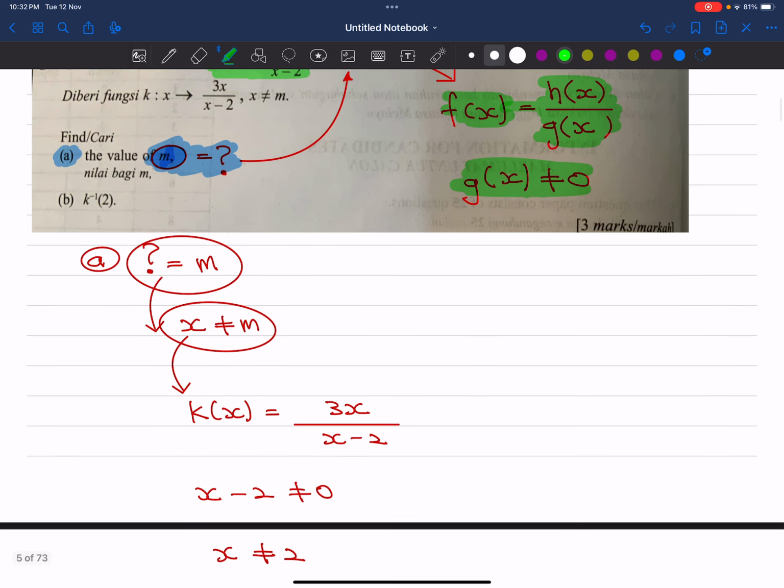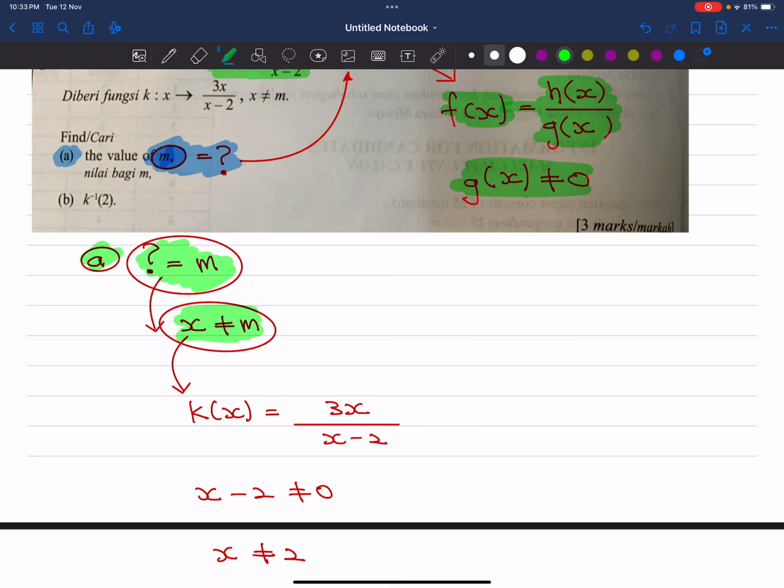So for this question, part A, where they are asking m, we always start from what they ask. They are asking m, so I go to the information regarding m. It was given x not equal to m. And that m is connected to x.